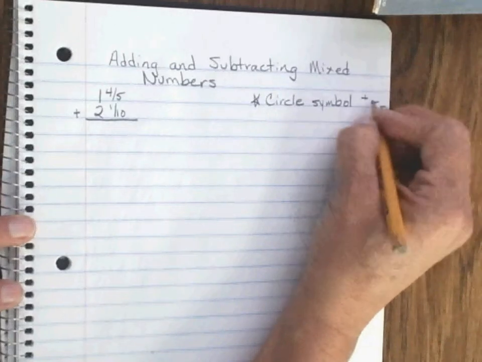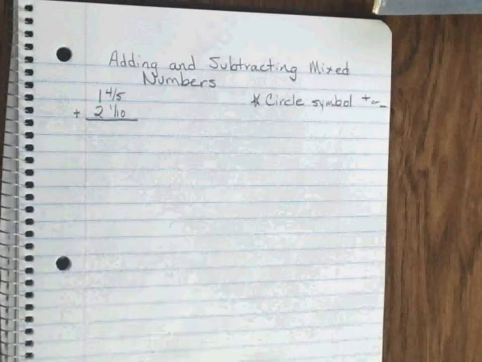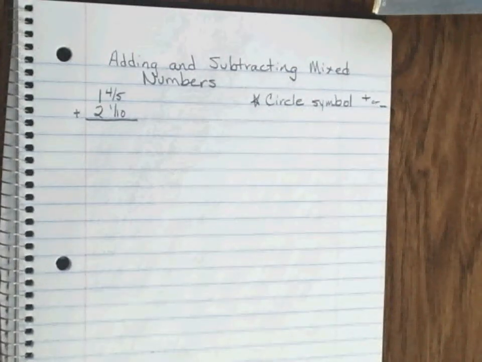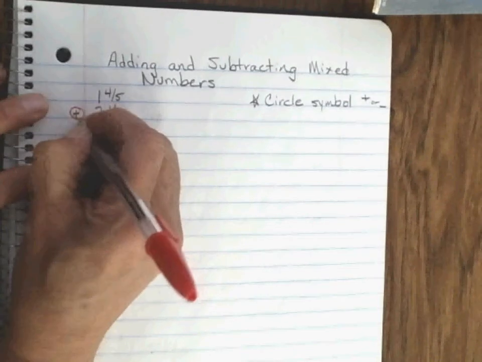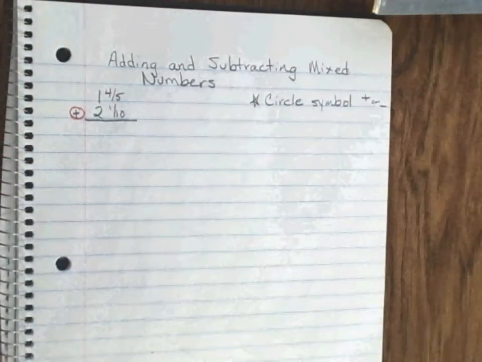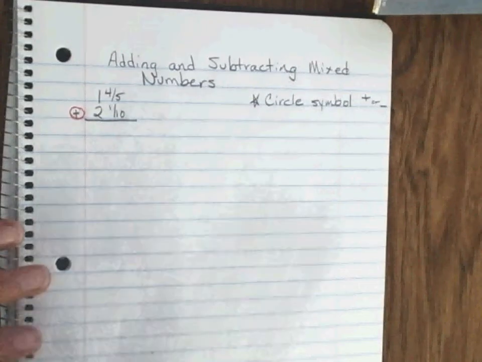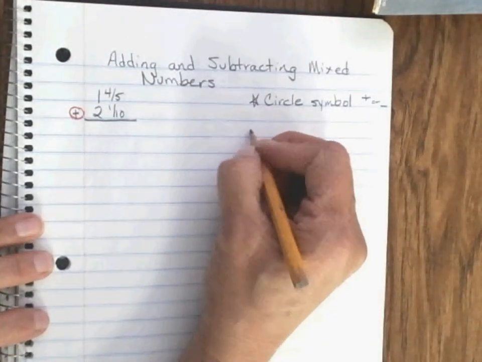I want you to do that so that you don't make a mistake and add when you should be subtracting or subtract when you should be adding. Just bring that to your attention there.